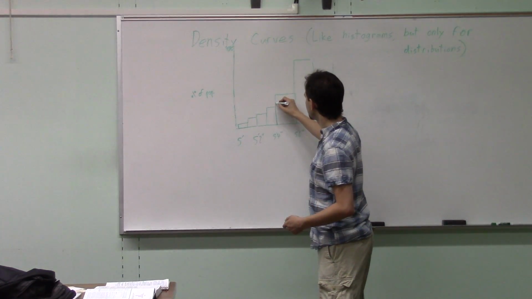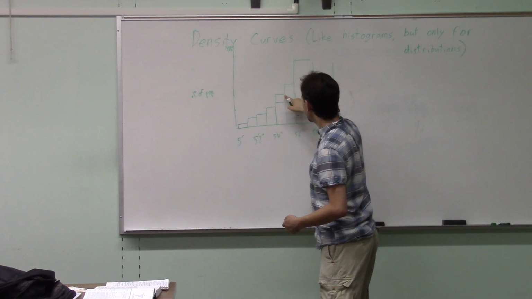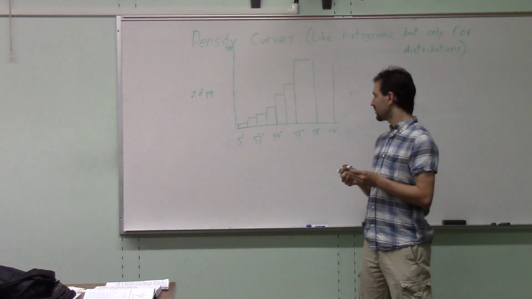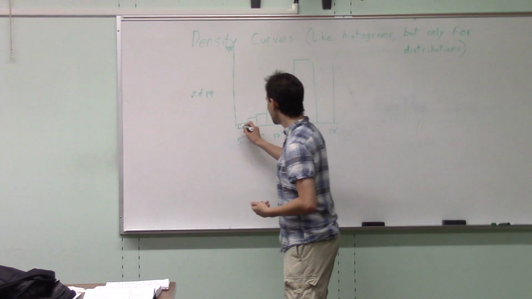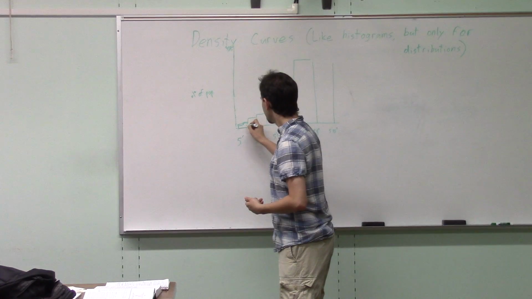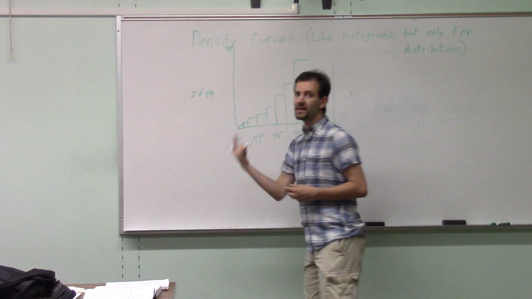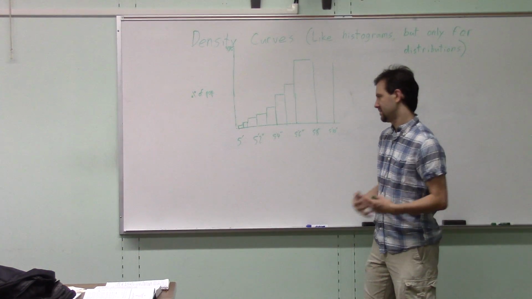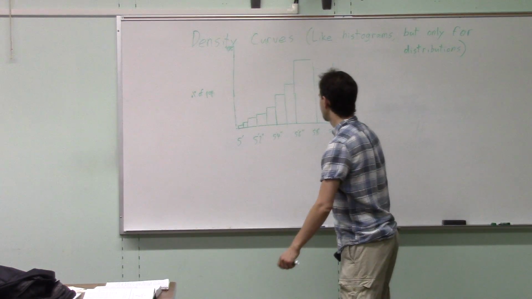By getting narrower bars, you get more detail. And you could do this again. You could split them in half again, and get more detail, and so forth. The question is, what happens if you continue this to its logical conclusion, until you have infinitely thin bars?